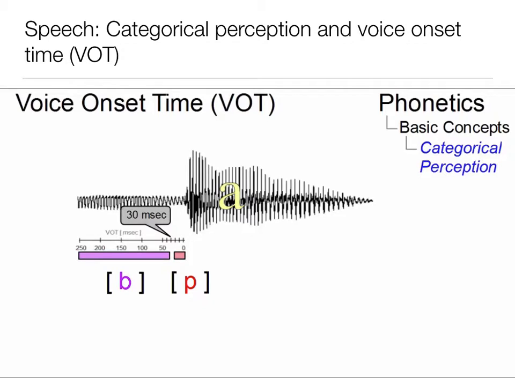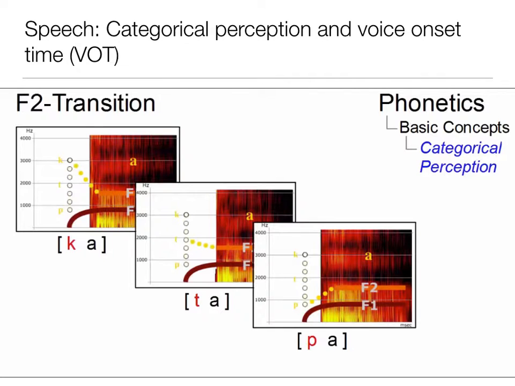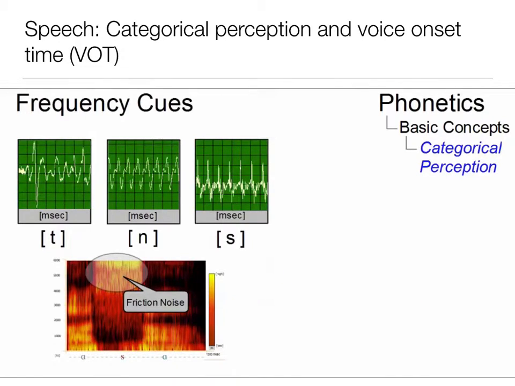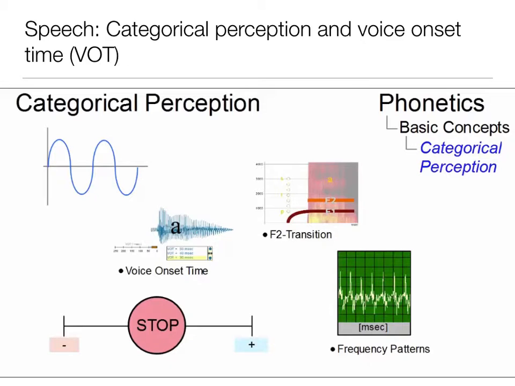Other perceptual categories relate to the origin of the second formant, that allow us to distinguish between different places of articulation, or frequency patterns that help us to identify a larger number of speech sounds. Categorical perception is thus opposed to continuous perception, where sensory phenomena are not based on fixed tokens, but can be located on a smooth continuum.